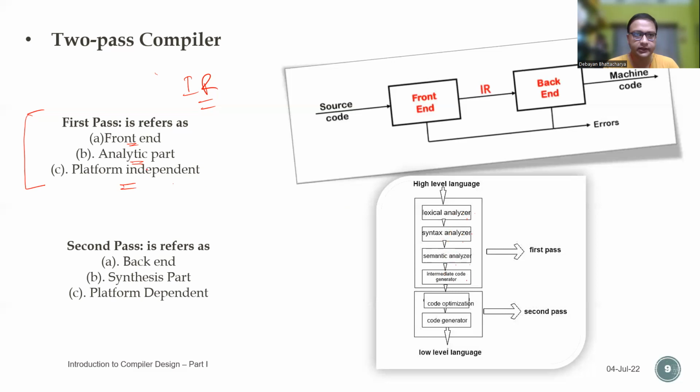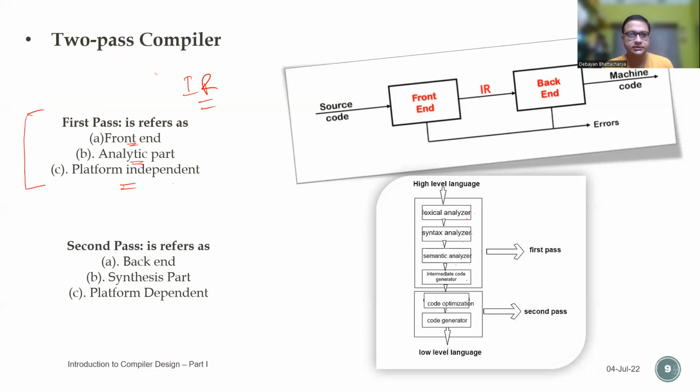So, in a two-pass compiler, in the first phase, what will be happening? From the source code, it simply traverses the source code, which is written in a high-level language, and generates platform independent intermediate code, not machine code. It's better to say platform independent low-level code.